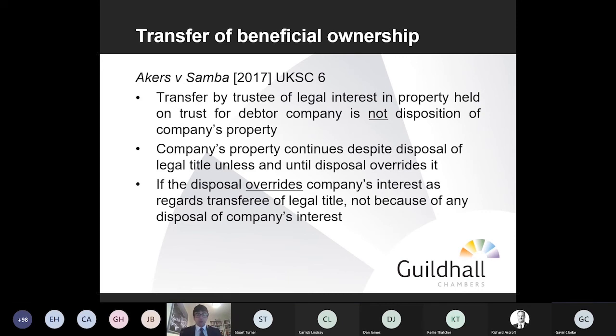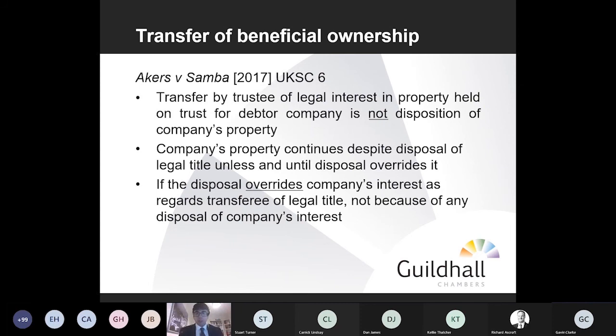In Akers and Samba, the Supreme Court decided that where a trustee holds property on trust for a company, the beneficiary company then has a winding up petition presented against it, and after the presentation of the petition, the trustee transfers the property to a third party, that is not a disposition for the purposes of Section 127.